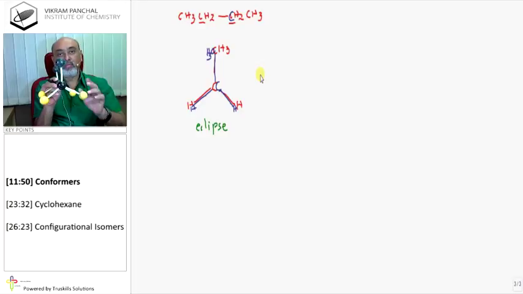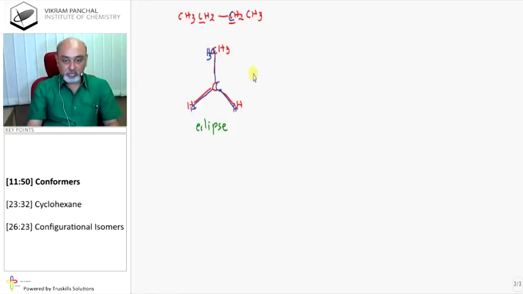That is why we give 60 degree rotation. So when we give 60 degree rotation to one of these, we will have this type of arrangement. Here you can see both methyl groups are a little far from each other, and this is comparatively more stable than eclipse. This state is known as gauche.